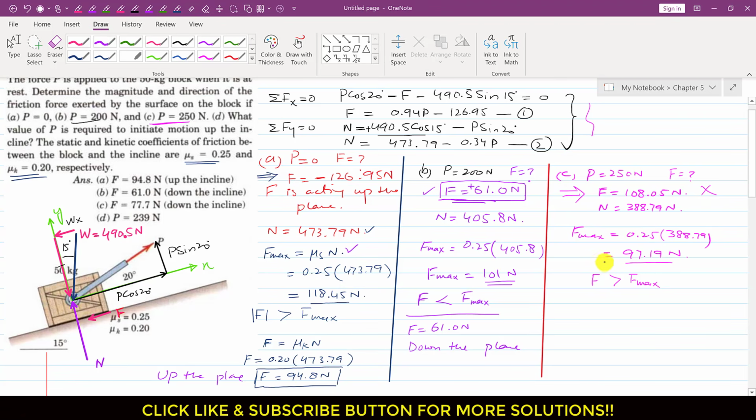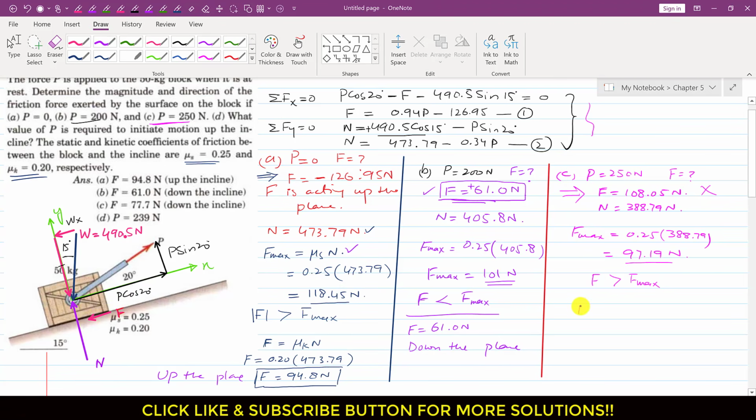So if the assumption is not valid, this means that this 50 kg crate is moving, right? And the friction value is positive, so this means that the assumed direction is accurate. So for this case C, the friction direction is down the incline. So this means that the crate is moving up, and if the crate is moving up, the friction force will be acting down the plane, right?